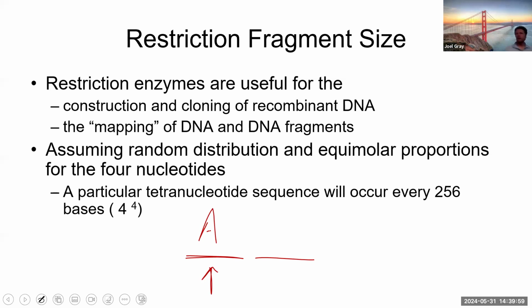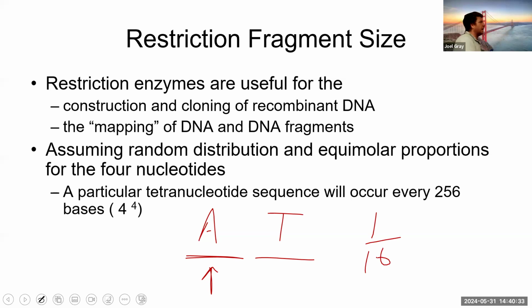And then, what are the chances that you get a T in the second location? Before you answer that, is whatever you get in the second location influenced at all by what's in the first location? No, it's totally random. So it's 1 out of 4. It's a quarter that you get that A, and another quarter that you get that T. So the chances that you see AT in a randomly generated piece of DNA is 1 out of 16. Does everyone follow that?